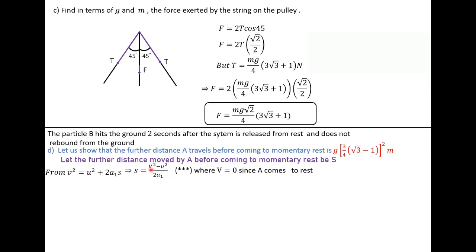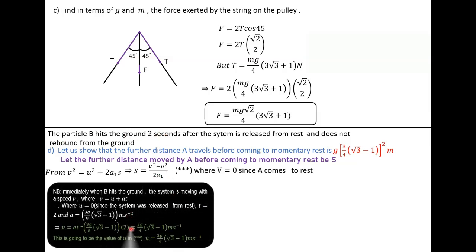So having this, it means we are simply going to be left to get the values of U and A1 respectively. That is all we are going to be looking for in this particular question, because V is equal to 0. So we are going to be left with minus U squared divided by 2A1, and U we are going to obtain, and A1 we are also going to obtain from the condition given to us here. So how therefore can we proceed to get the different values of U and A1?